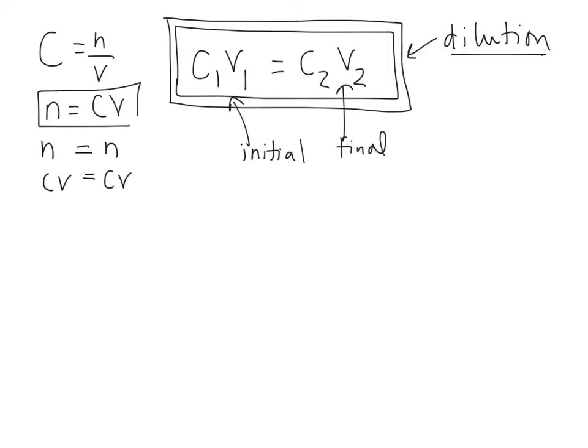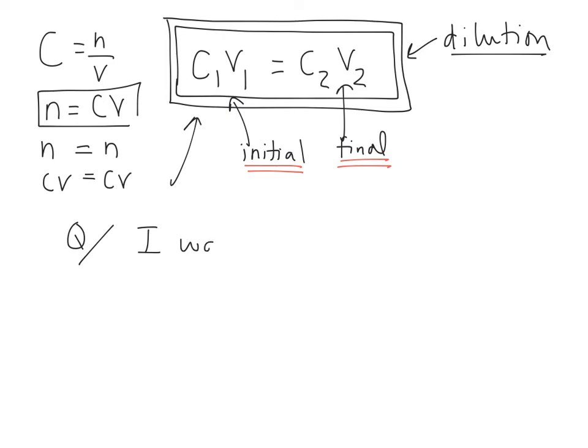So again, what we're saying is the number of moles that we take out of the concentrated solution is going to be equal to the number of moles that we put into that dilution, based on what we talked about on the previous slide. So let's do a question using this formula.